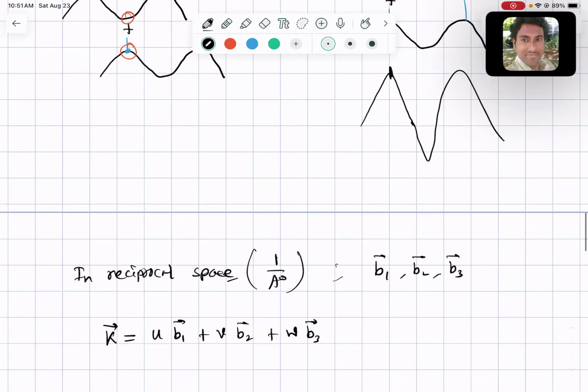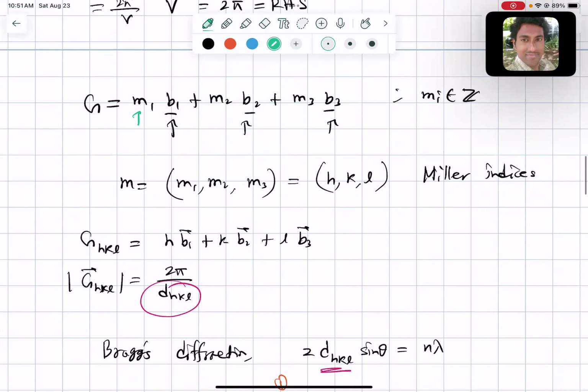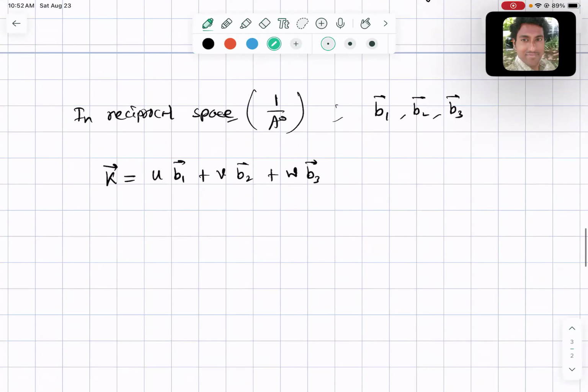And notice here for G, h, k, l or m1, m2, m3, they were just dimensionless numbers, and that's how we got the Miller index. For reciprocal space, for a k point, u, v, and w are also numbers, but they're not integers, but fractions. u, v, w, their range is 0 to 1.